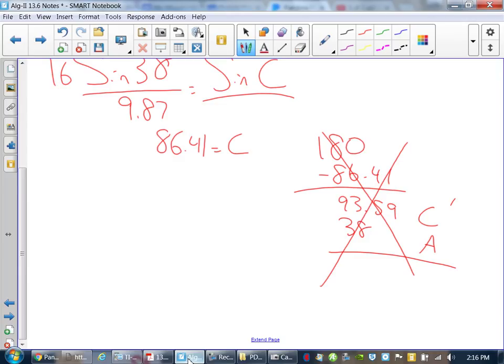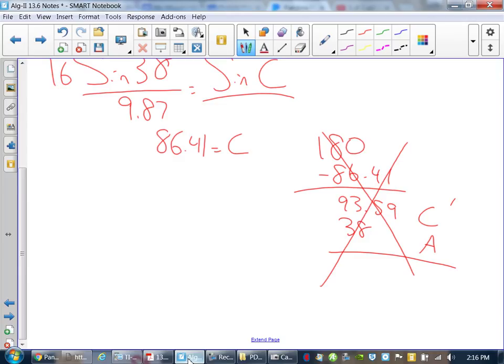Okay? Now, this is one of the reasons why I wanted to start with this example as opposed to the side side side one, because I was showing you, oh, look how easy it is. You just take a square root of this and you're done. Oh, but wait. Instead of building up to that horror, I figured I'd start with the horror and work my way back. I know that solving out these triangles when you have to use law of cosines, law of sines, they get to be rather tedious.